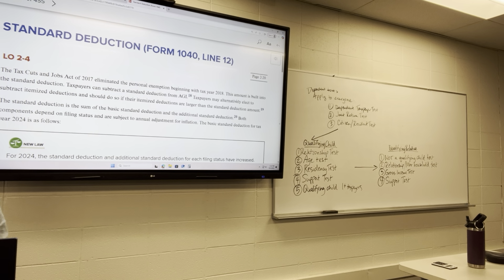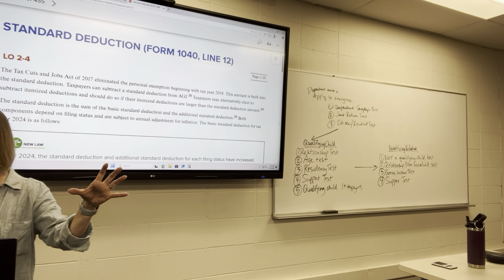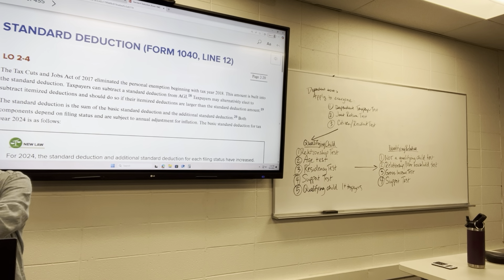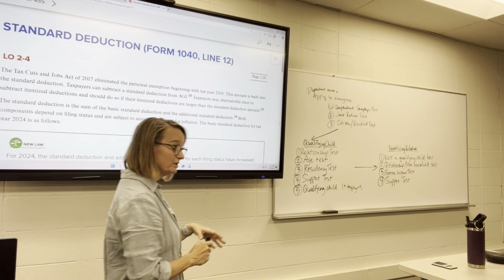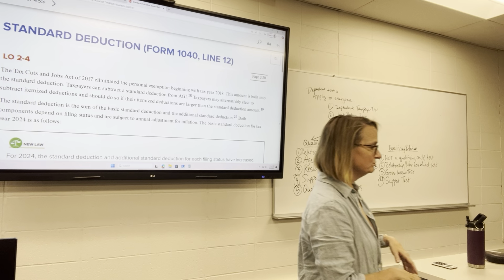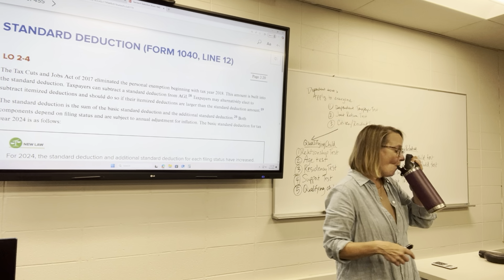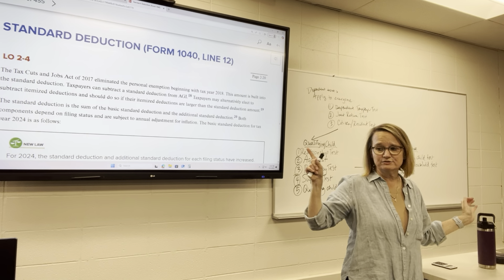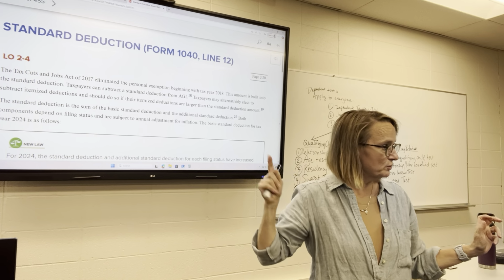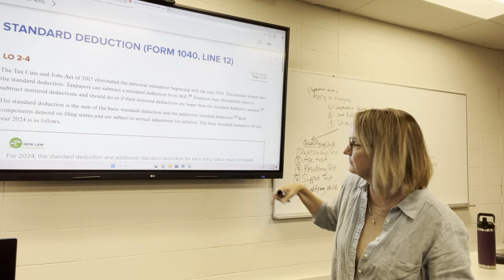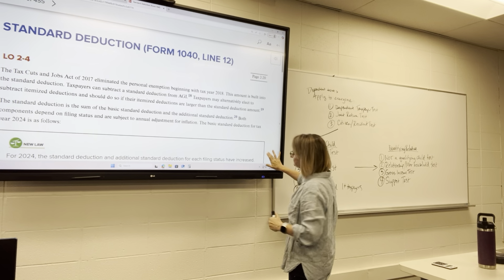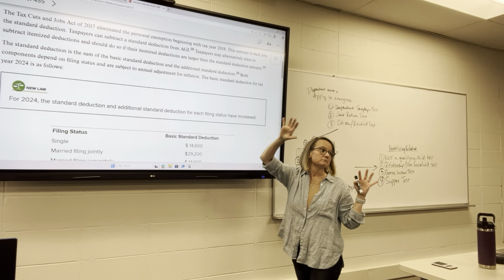Iowa had some rather significant changes, and prior to those changes that just took place, a lot of people would itemize on the state level, but they would take the standard deduction at the federal level, because the standard deduction for Iowa was really piddly. It was like, I don't know, $2,300, something like that. It was a ridiculous amount. But the higher the standard deduction, the more likely people will take the standard deduction rather than itemized deductions. So you get one or the other, not both.